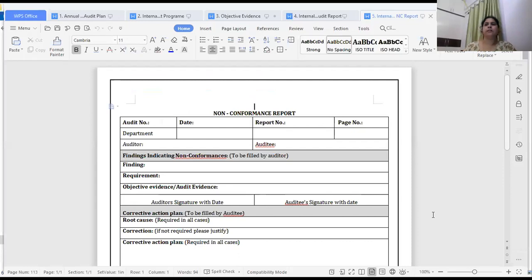So let us move on to the non-conformance report. Conformance, we are very clear with the term: what has been written in a policy, what the key indicators are, and all the key indicators have been followed, and you have got perfection in all the records related to that.